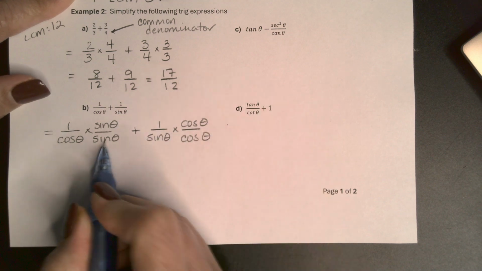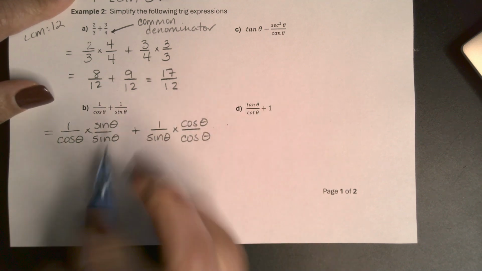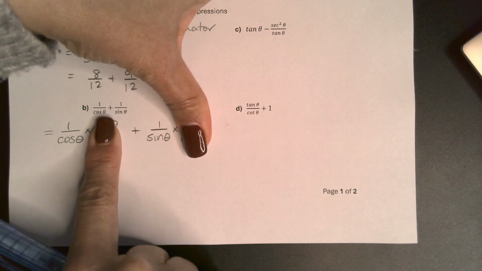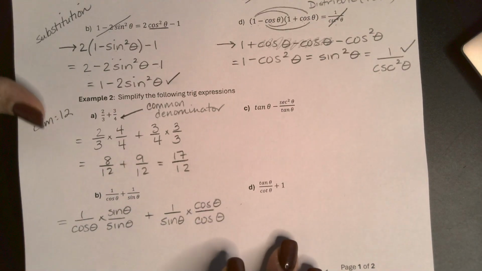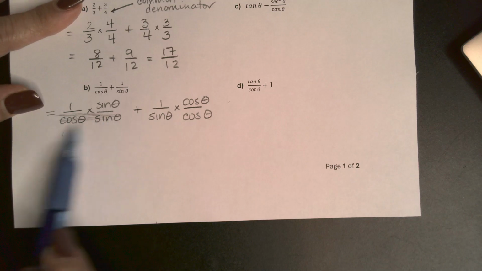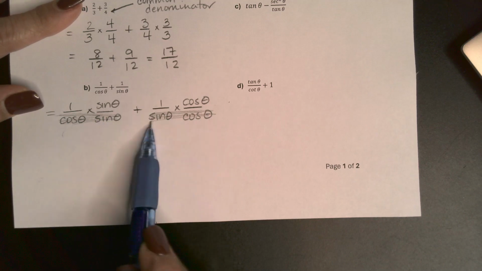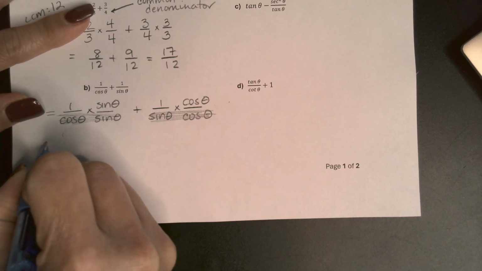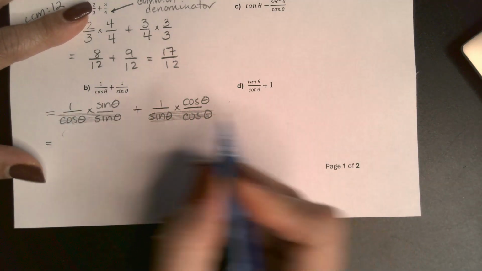So that's a 1, that's a 1, didn't change the problem, right? That's a 1, that's a 1, so it's still the original problem. And now, notice that my denominator is a cosine sine, sine cosine, order does not matter, okay? Multiplication is commutative. 2 times 3 is the same thing as 3 times 2.